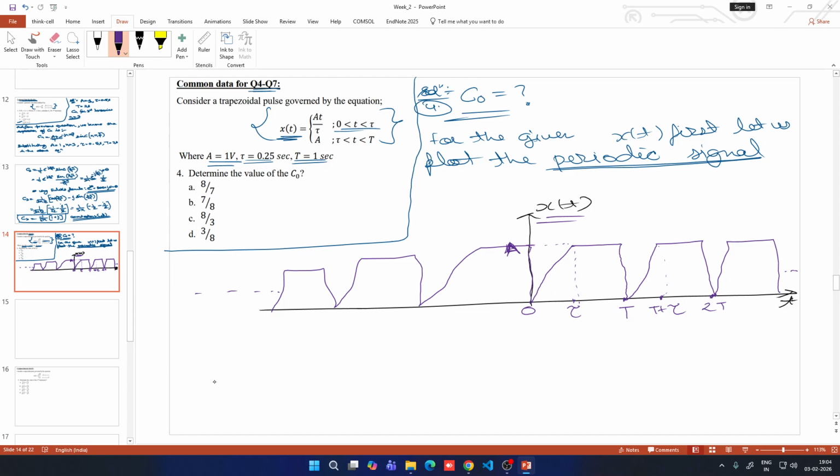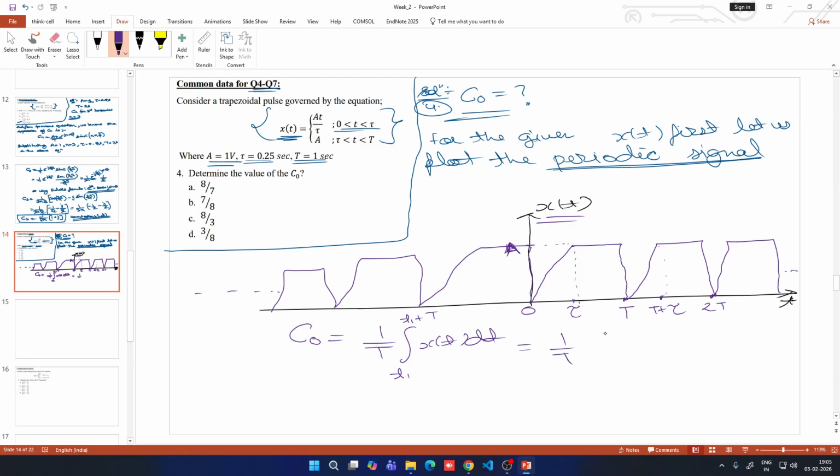But in question number 4 they are simply asking c naught. So we know how to find the c naught. C naught is given by 1 by T, integral between limits t1 to t1 plus T of x of t dt. So it's just a simple integral that we can solve.